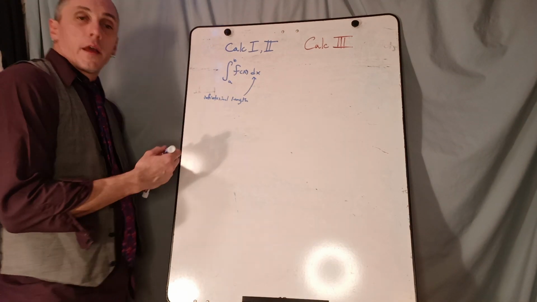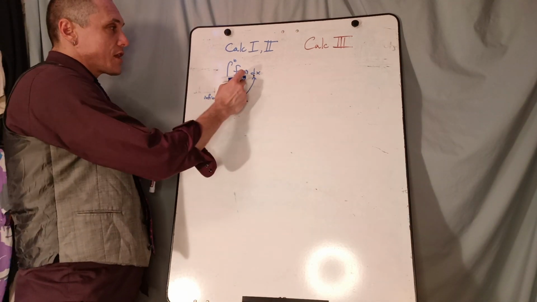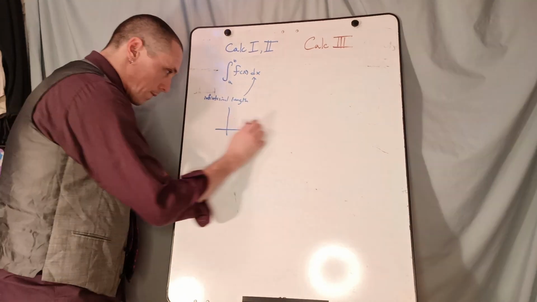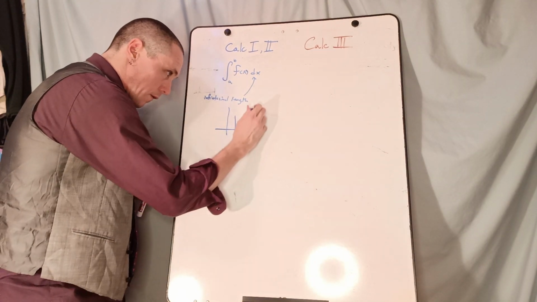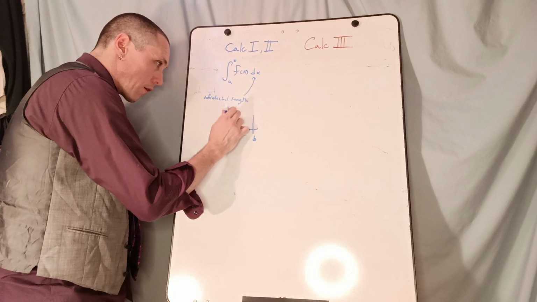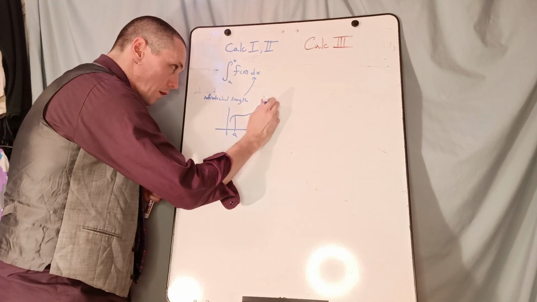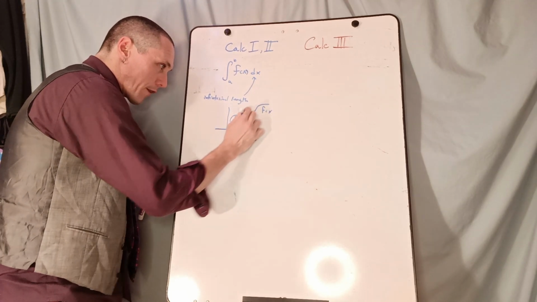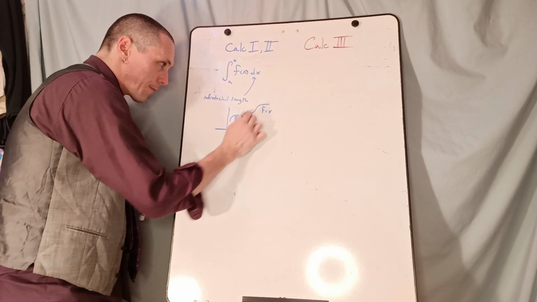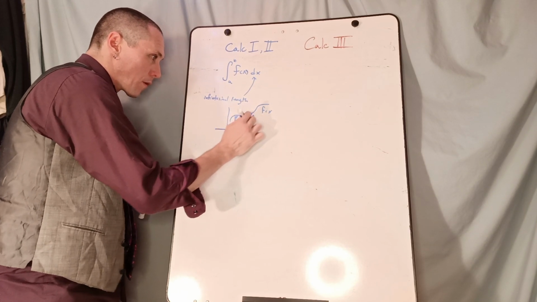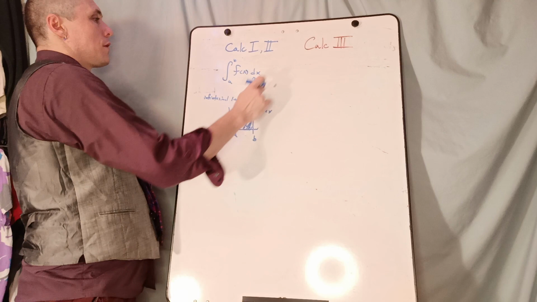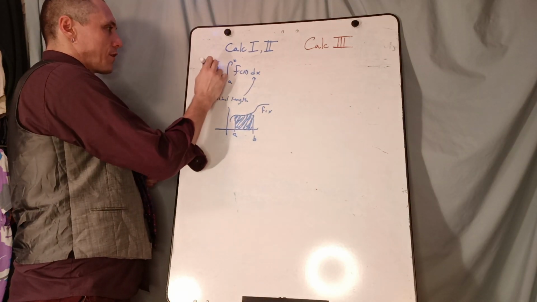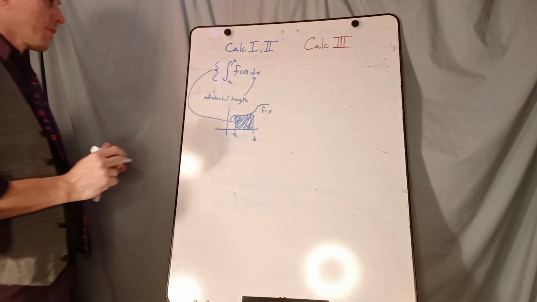And we learned in Calculus 1 how this gives us the area between a and b of some function f. That is the physical quantity that this is equal to here.